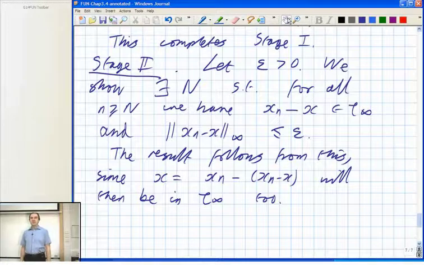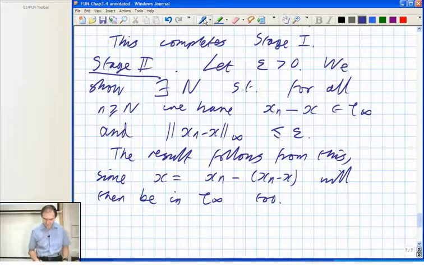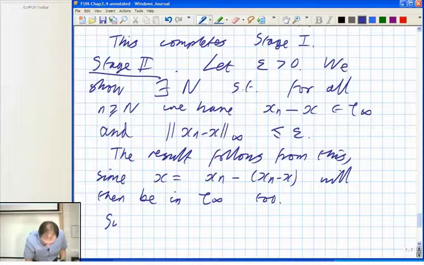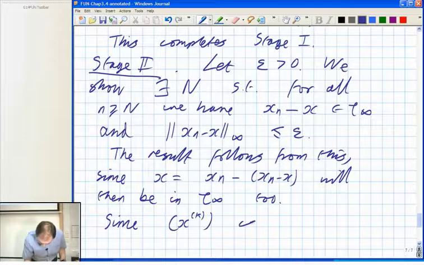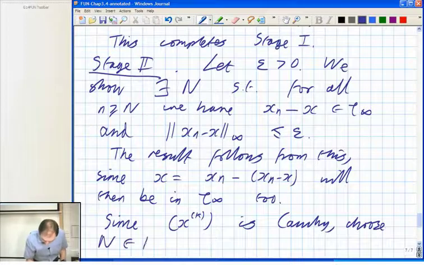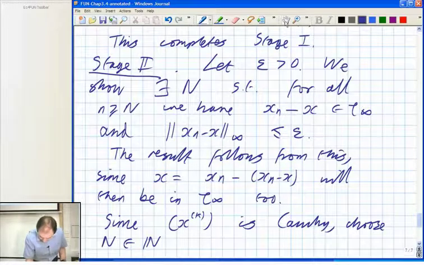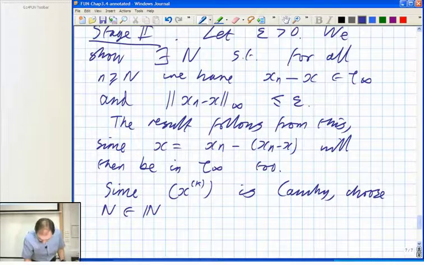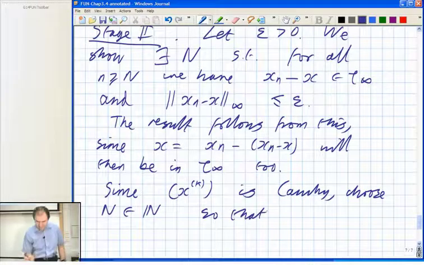Well, we're just going to use the Cauchy property. So since xk is Cauchy, choose n in the natural numbers so that, what have we got here?